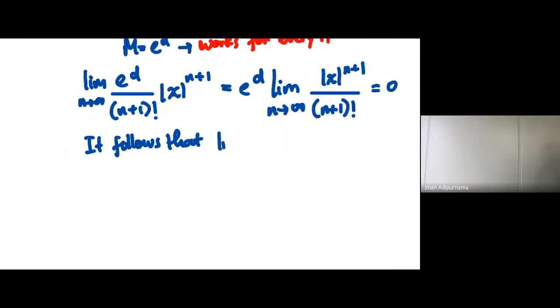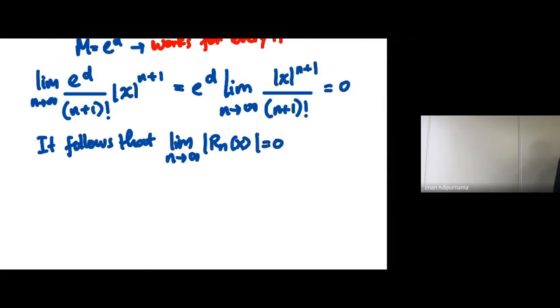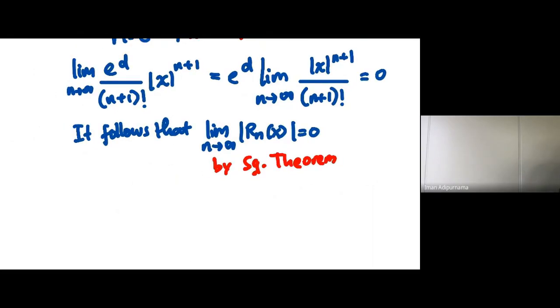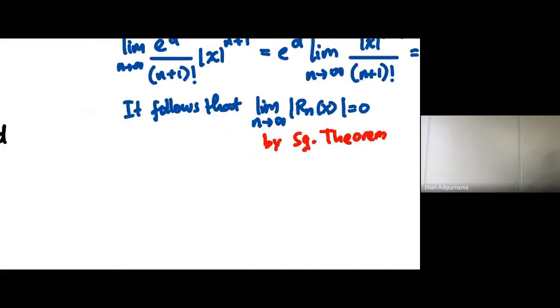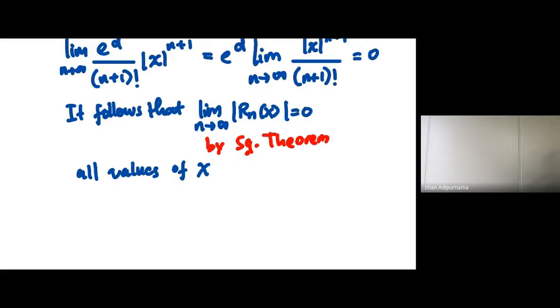Follows that the limit of this is also 0. Okay. If you want to put the note, it's by the squeeze theorem. So for all values of x, it converges.